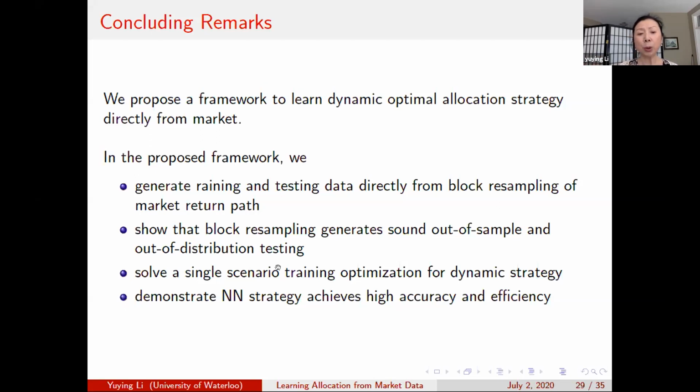And we also look at the performance of the strategy on a particular historical path to show that indeed the strategy performs well. So in addition to the modeling aspect of data augmentation, we also look at how to solve the optimal control problem, which is a difficult problem.